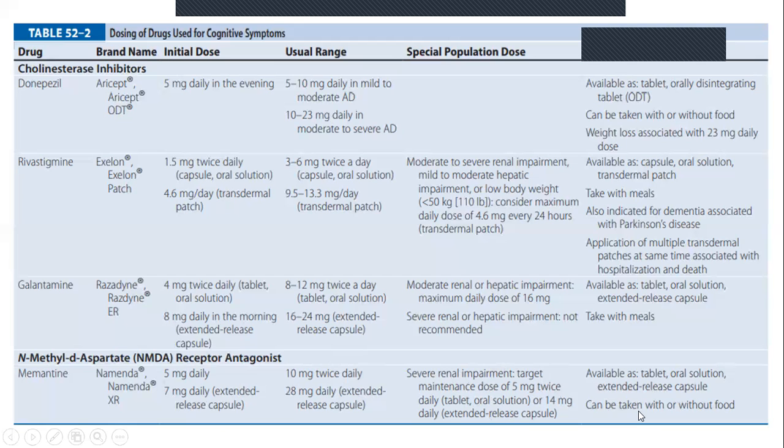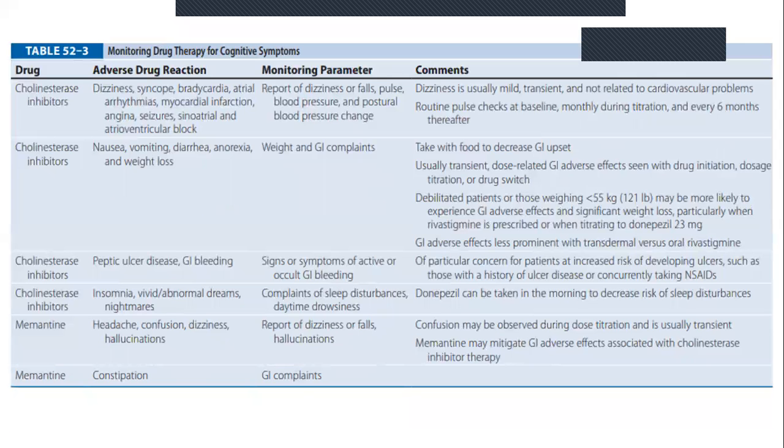So these were the main drugs, the cholinesterase inhibitors and the NMDA receptor antagonist, that is memantine. And monitoring drug therapy for cognitive symptoms. When we are giving these cholinesterase inhibitors, the side effects include those that we have already seen. Monitoring parameters: we have to report if the patient is complaining of dizziness or falls or changes in the pulse, blood pressure, postural blood pressure change.